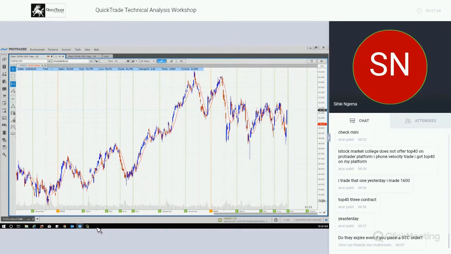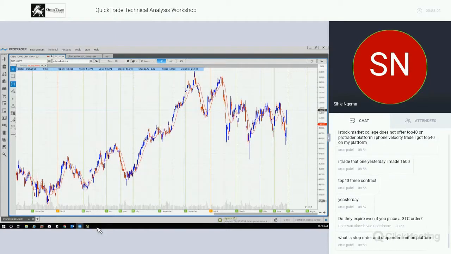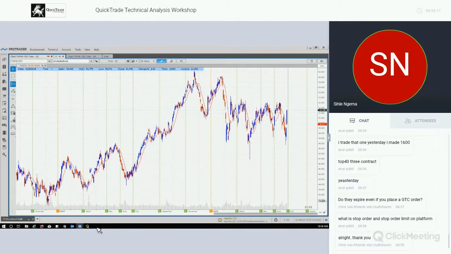Good for the day is the order that you place just for the day. At the end of the trading session, they take it out of the trading system. I don't know if that answers your question, but GTC orders expire after 90 days. After 3 months, they expire, even if it's GTC. It's good till cancelled, but it will still expire.